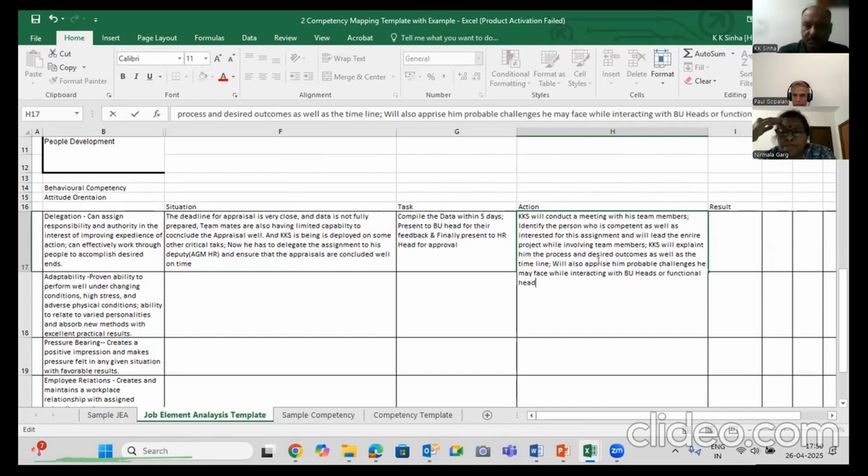Good. I like this point because typically what happens, how to push back when BUs are not doing something, to push back and how to ensure that they do it. So those are the probable challenges. We can say tracking and monitoring the progress.